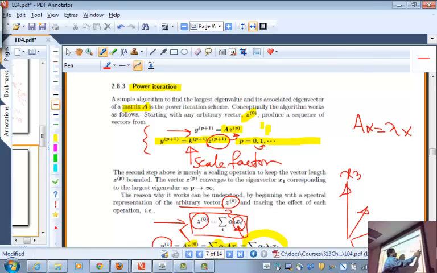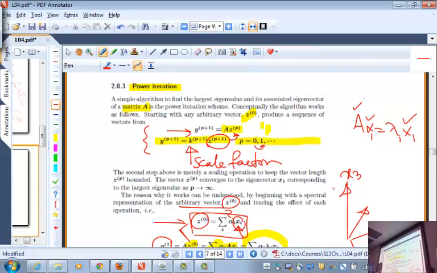Let's put 1, so the first eigenvector and the corresponding eigenvalue. So we know A, and through this iterative process, we have figured out what x1 is, the direction of the eigenvector. So the only unknown there is lambda. Okay. So how do you estimate lambda? Because this is still a vector equation, right?